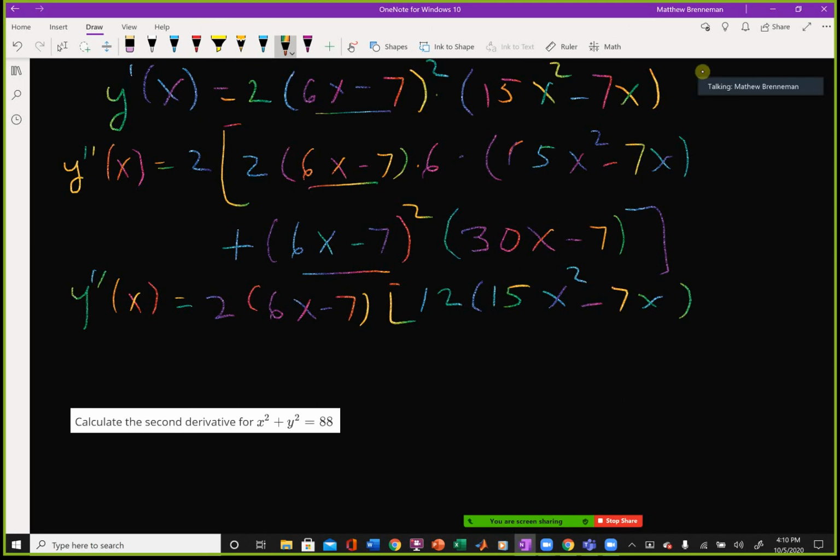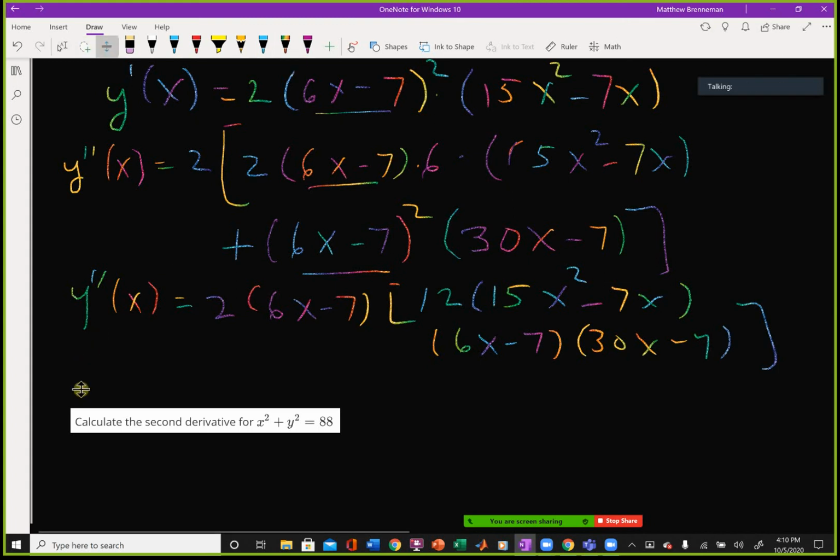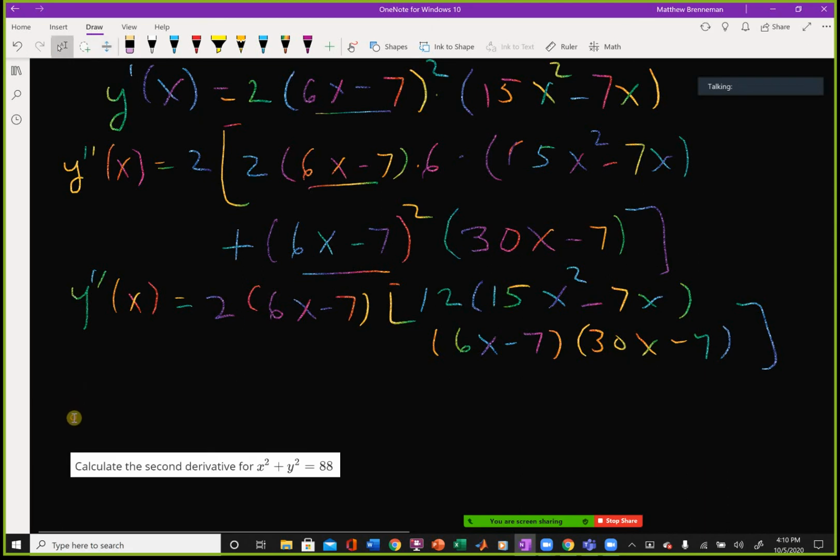And for the second term, when one factor of 6x minus 7 comes out, there'll still be one factor left. And so I'm going to have a little bit of foiling to do, right? So let's make a little room for that.